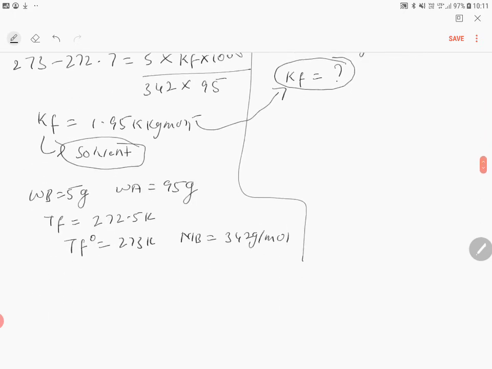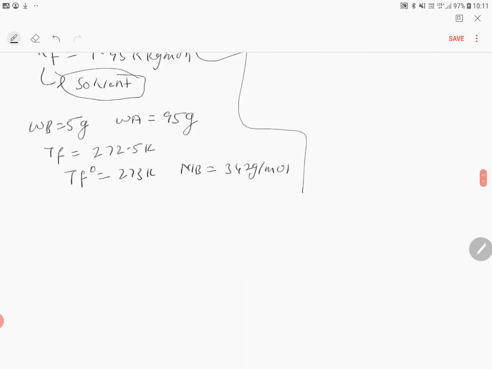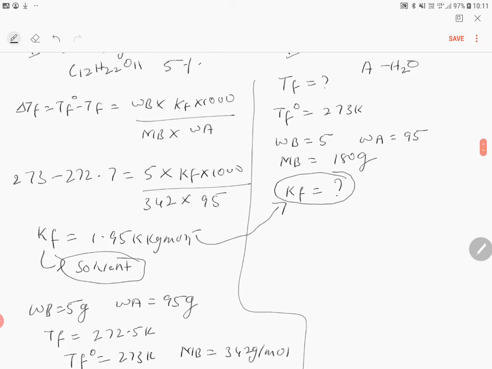So therefore, once again we'll use the formula delta Tf, Tf naught minus Tf, is equal to WB into 1000 into Kf divided by MB into WA.